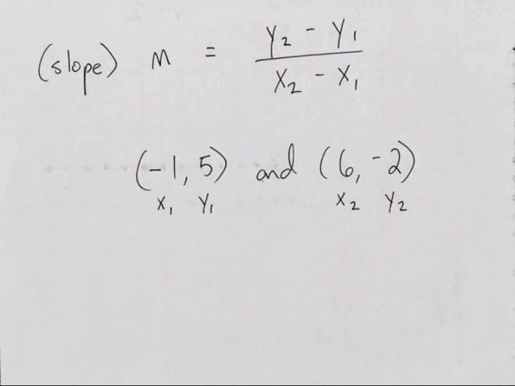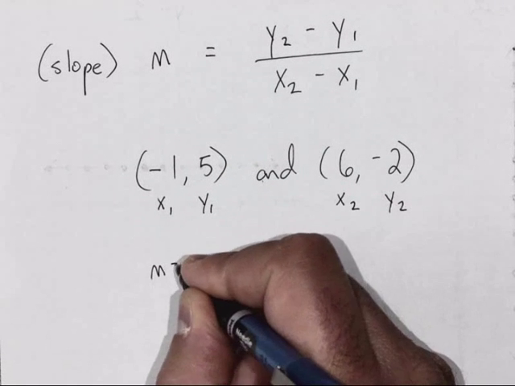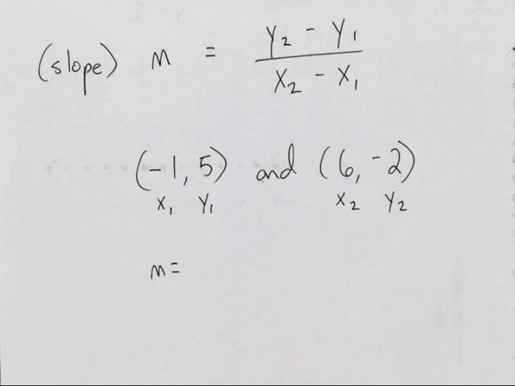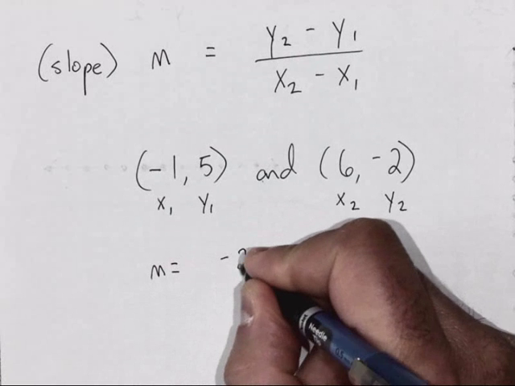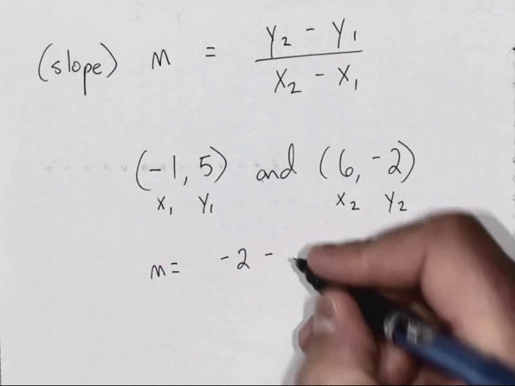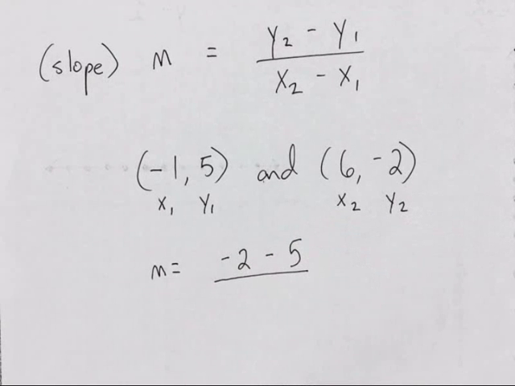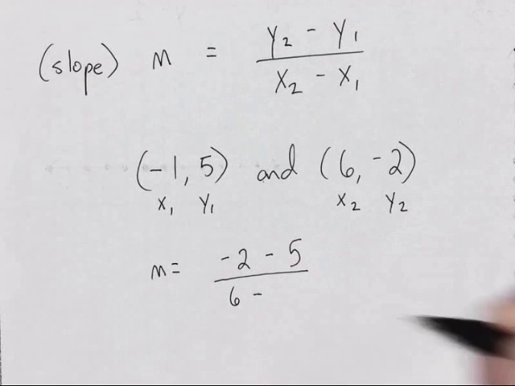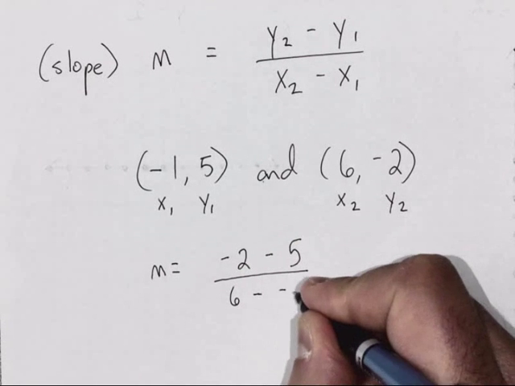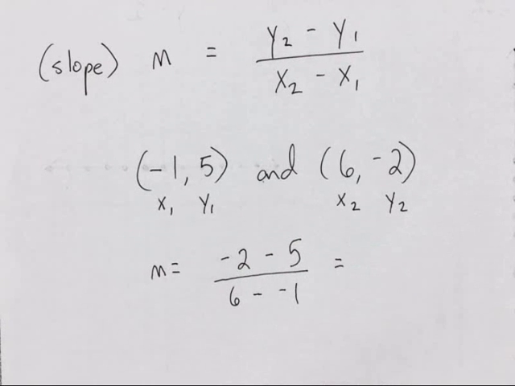So in this case, y2 is negative 2 minus y1, which is 5, over x2, which is 6, minus x1, which is negative 1. Simplify the top. Be very careful of your sign.